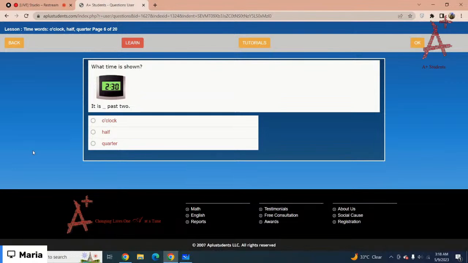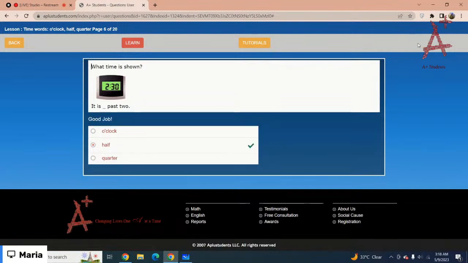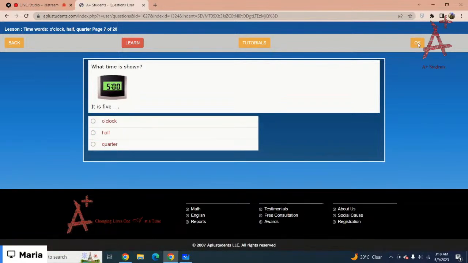The correct option is half. Do not write the time like this. You need to understand the quarter, the half, and the o'clock. So just write the correct option.